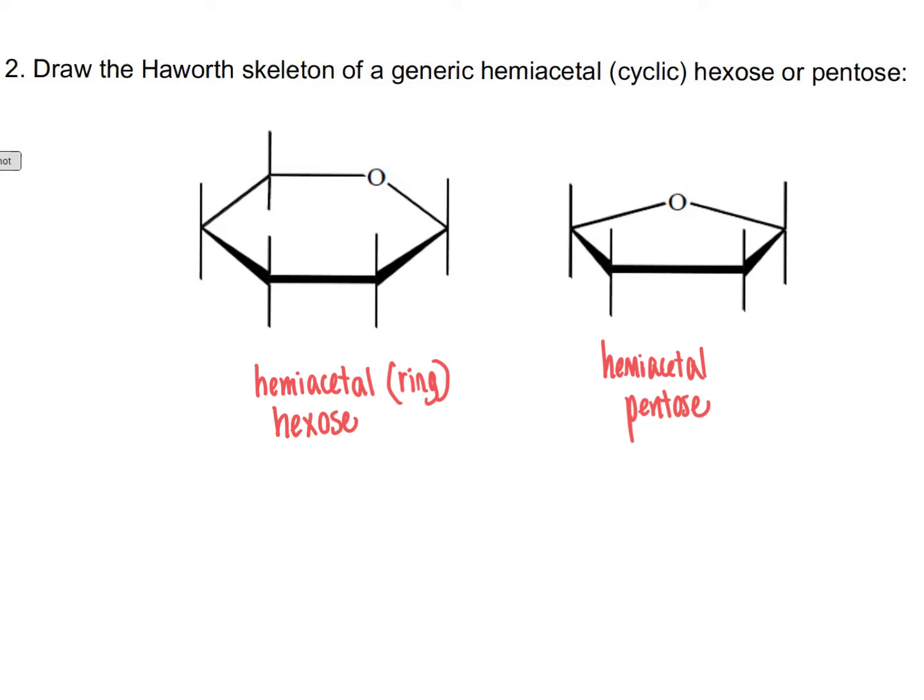So the first step in drawing the cyclic form of these sugars is to get familiar and comfortable with drawing structures that look exactly like these, where pretty much you draw a hexagon, place an oxygen atom in this upper right corner of the hexagon, and as an optional feature that you will commonly see and should be able to recognize, oftentimes these 4 carbon atoms that are facing us like this are shown as wedges to represent that the molecule is laying with these bonds coming toward us here and here.